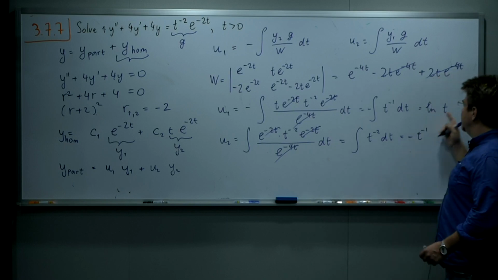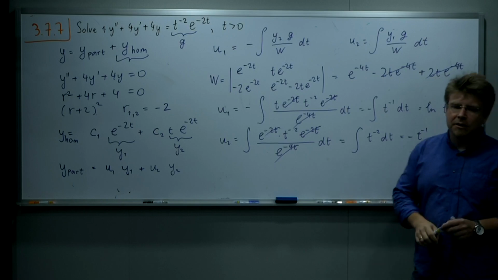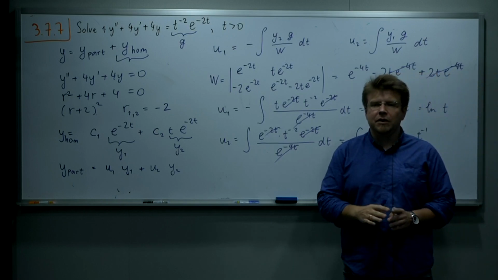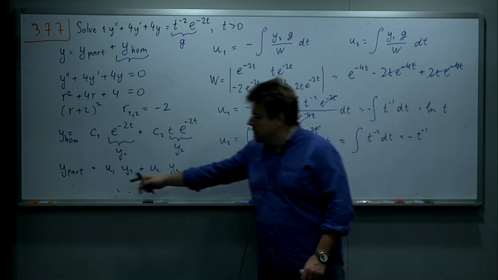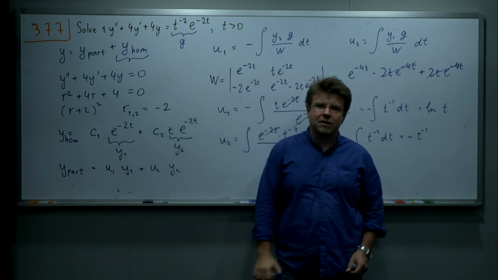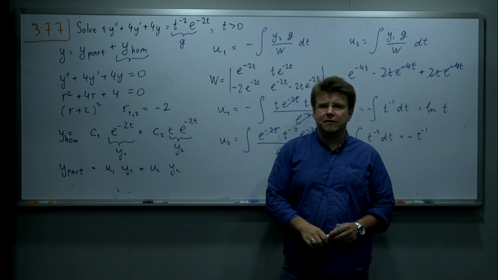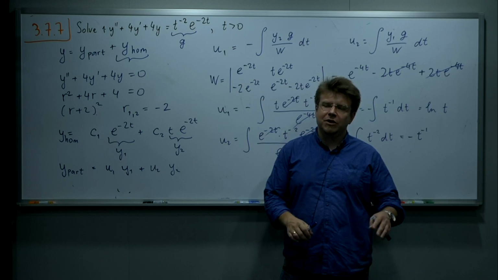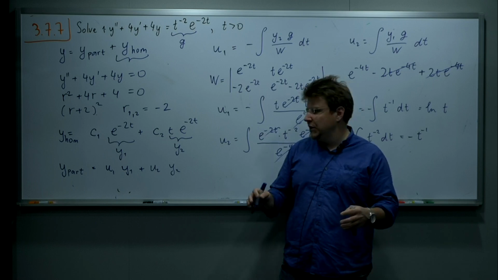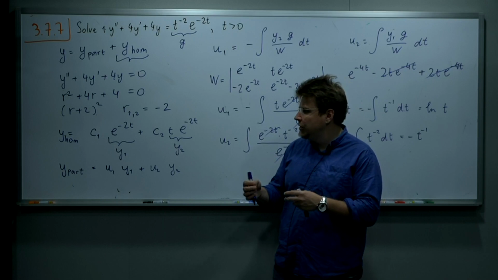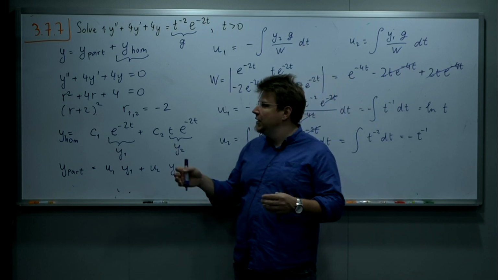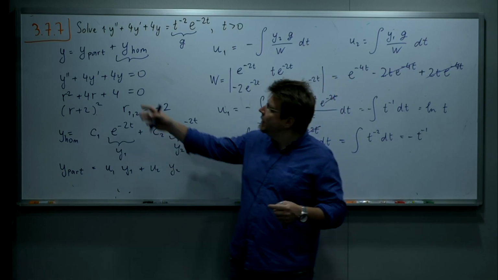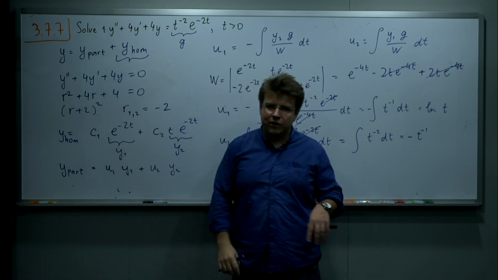By the way, notice that I did not add plus c in both integrals. This is because we are looking for a particular solution of the non-homogeneous equation. So we are not looking for all possible solutions, because once we got any particular solution, all other solutions can be constructed by adding the general solution of the homogeneous equation.